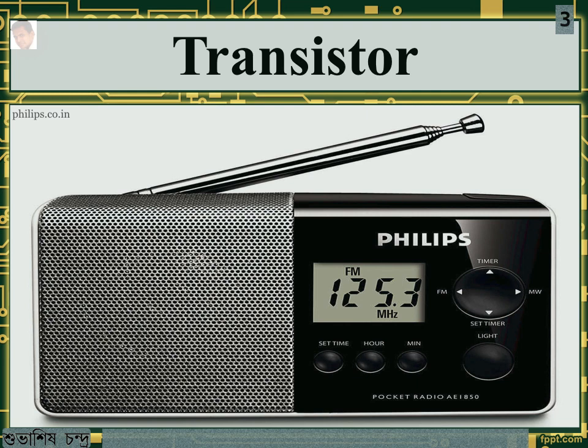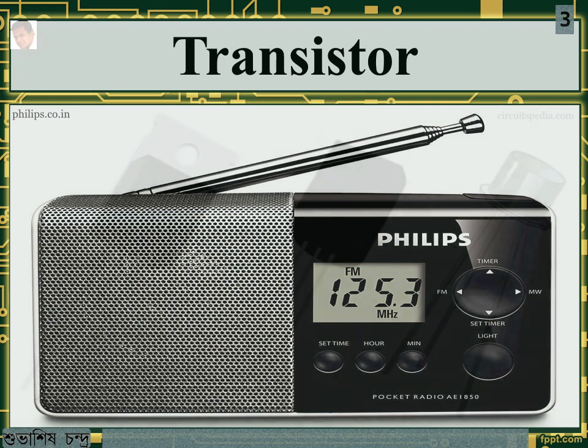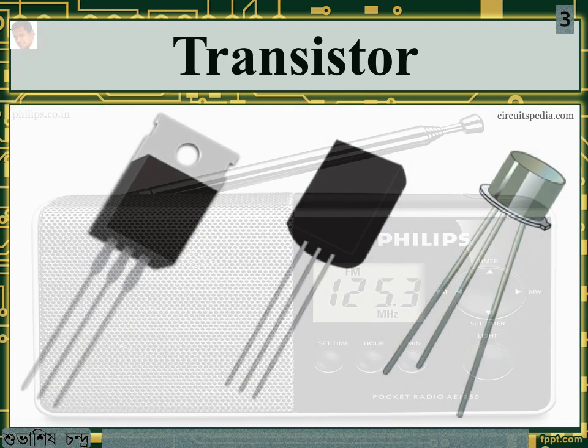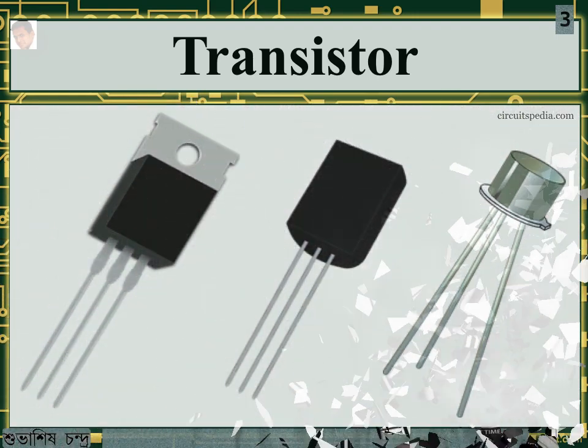The transistor is basically a component which helps to amplify the electrical signal. The transistors actually look like these. These are some of the types of transistors. The video tutorial from now on will be on these transistors and not the one that we saw earlier.